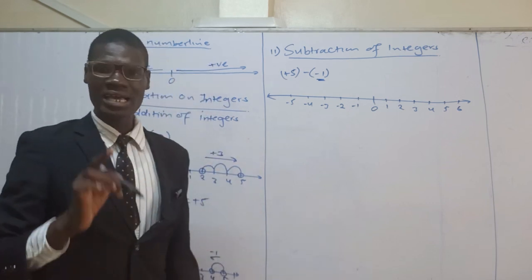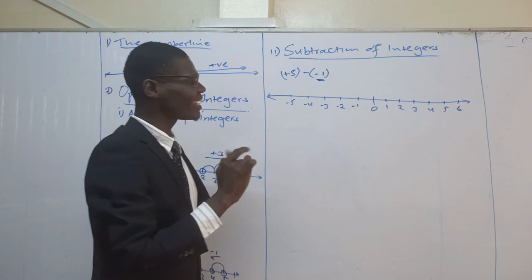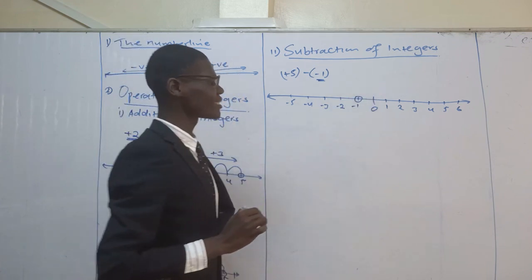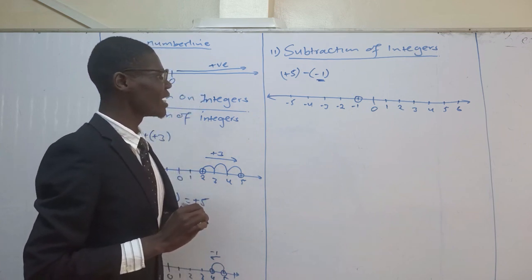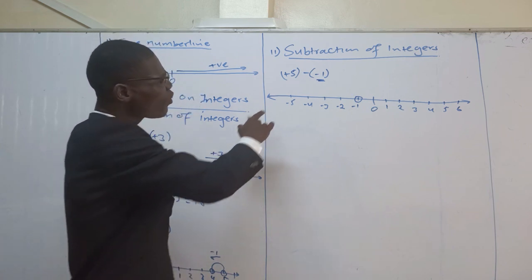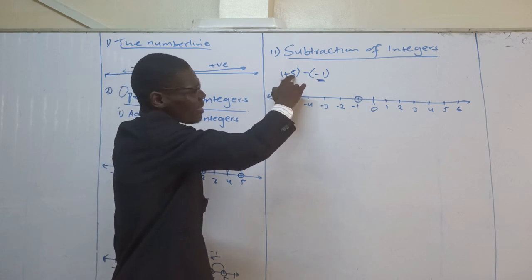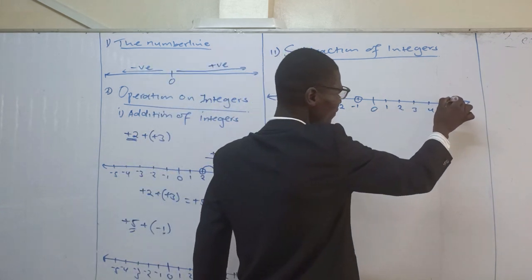I go where the negative 1 is. That is our number being subtracted. Then I move 5 steps, where the positive 5 is. Here is where the positive 5 is.